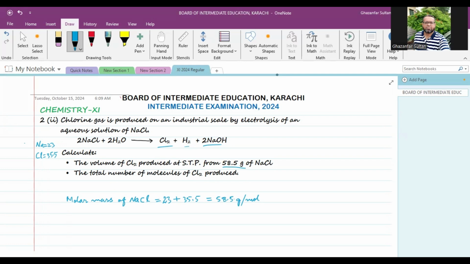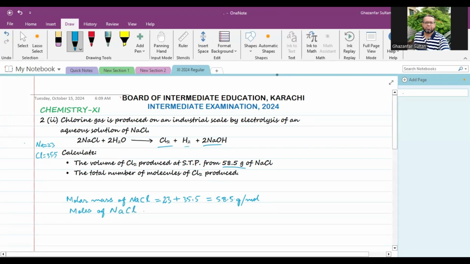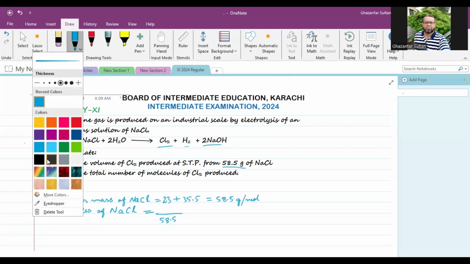So the number of moles of NaCl we can calculate from this amount and the molar mass. So molar mass is 58.5 and the given mass that I have shown here in black.